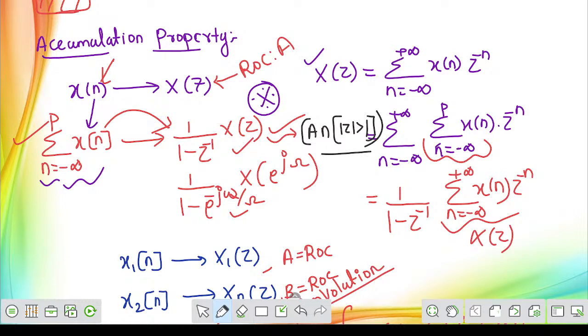The value of mod z should be greater than A. Whatever the common area that you are having, from there you should consider A. Just write down this formula. Remember this. That is a little bit important. Region of convergence property for accumulated signals. So whenever the accumulation property is given, you must remember the region of convergence also. It is very rare, at the same time, we cannot skip this. You should remember this. Another most important property is the first difference property.